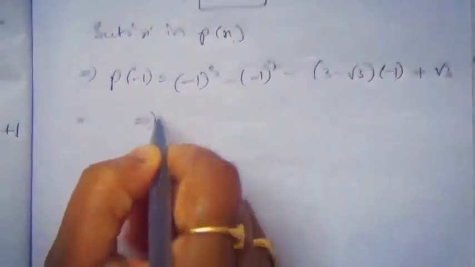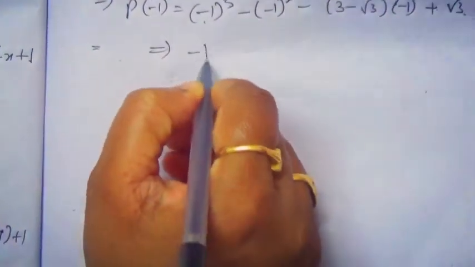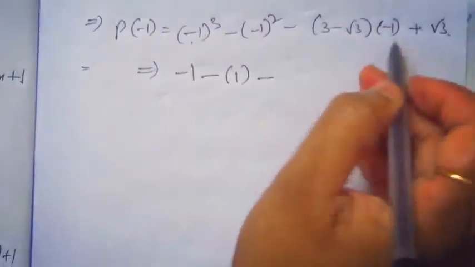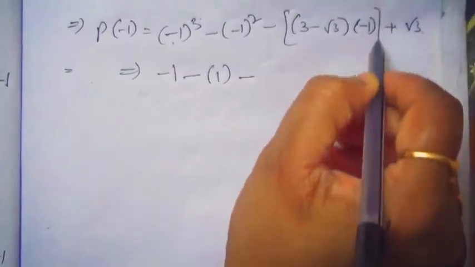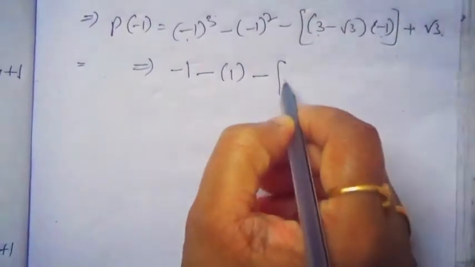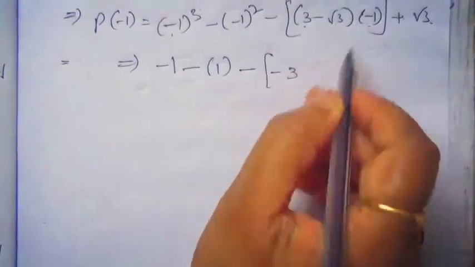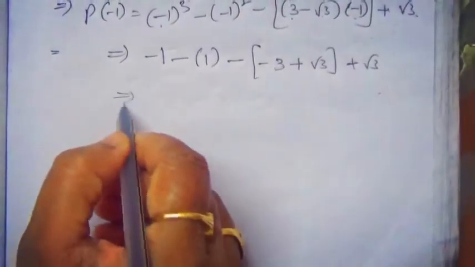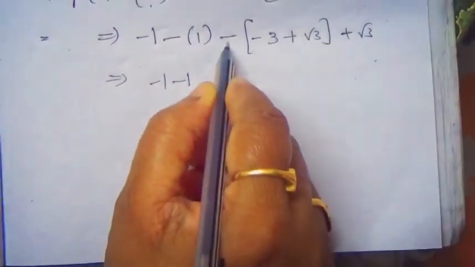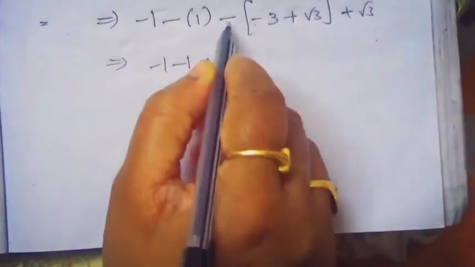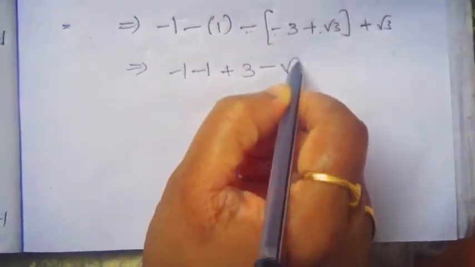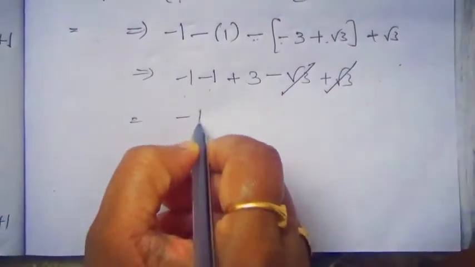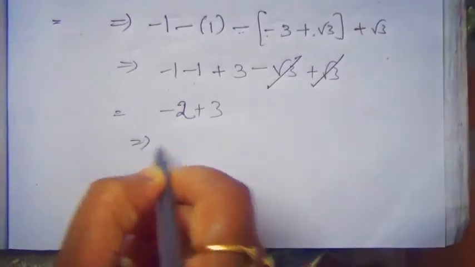That implies it is an odd number, hence minus 1, minus an even number, hence it becomes 1, minus, in brackets, minus 1 into 3 minus root 3, minus of minus plus root 3. Okay, plus root 3. That implies minus 1 minus 1, minus of minus plus 3, minus of plus minus root 3, plus root 3. Plus root 3 minus root 3 cancel. Here minus 2 plus 3, that is equal to 1.